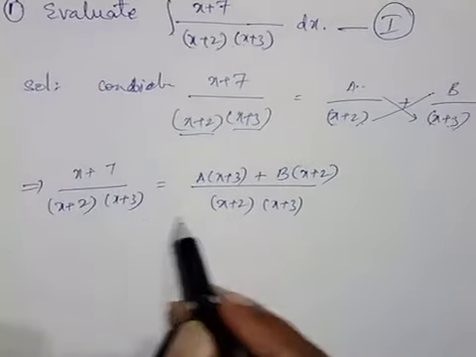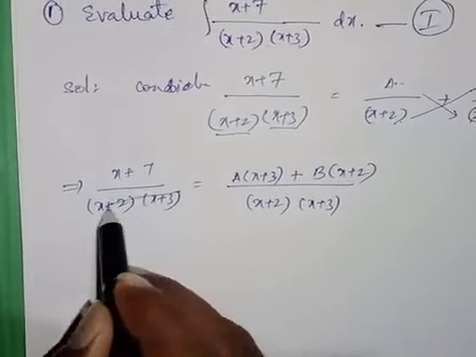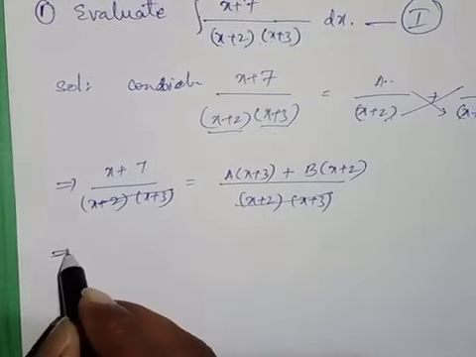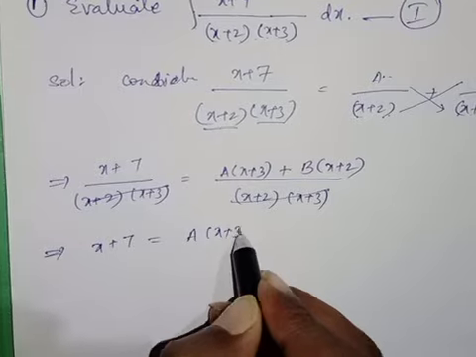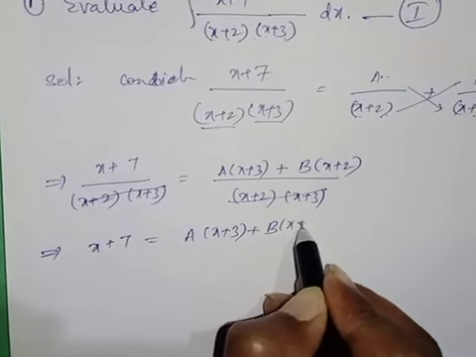Observe here, LHS and RHS denominators are equal, so they get cancelled. That is x + 7 is equal to A(x + 3) + B(x + 2).